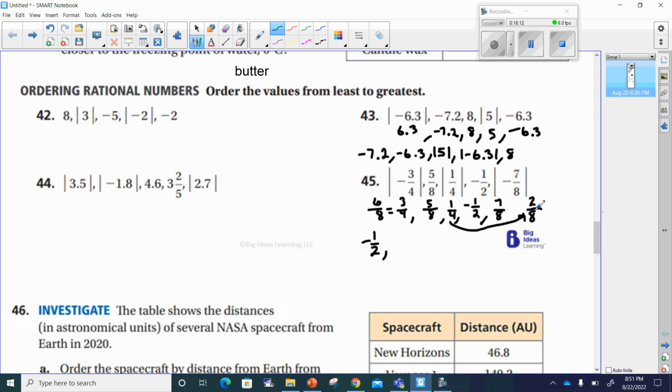So I'm going to go with that one first, 2/8. Oh, and actually that was 1/4, not 2/8 when it's written here, right? So I got to change it to 1/4. Actually, it was the absolute value of 1/4. So let's put that there.